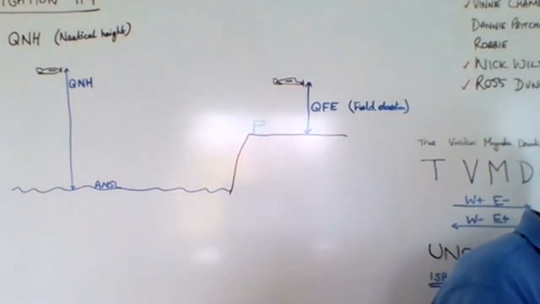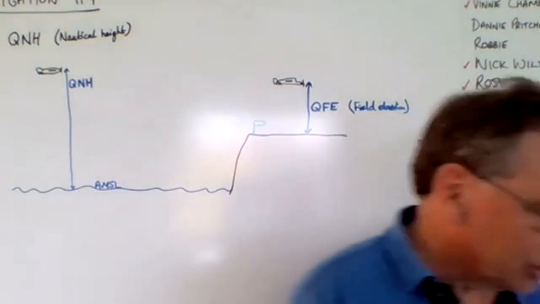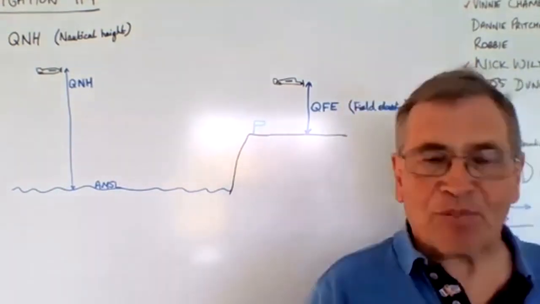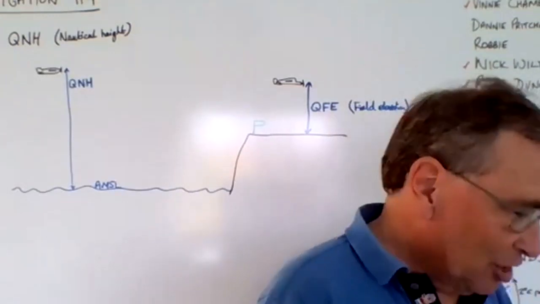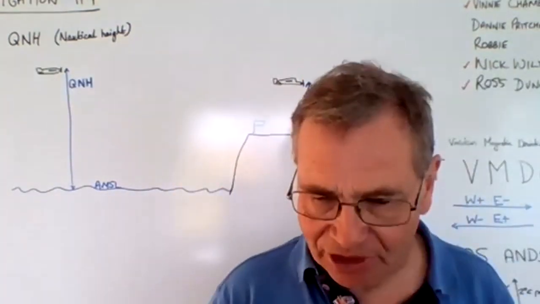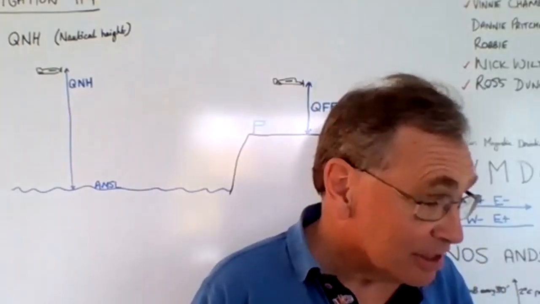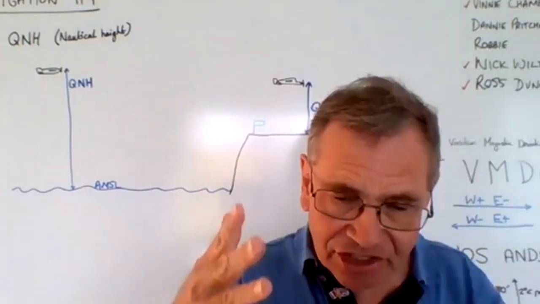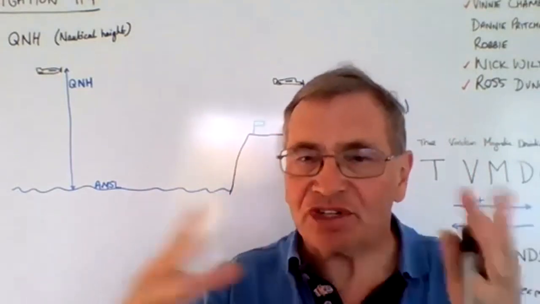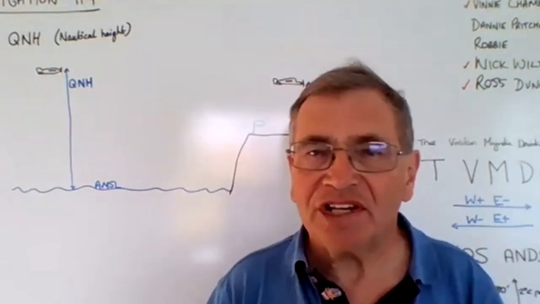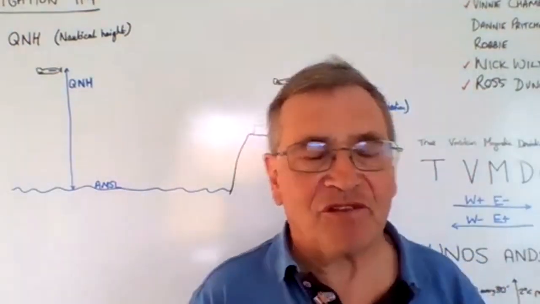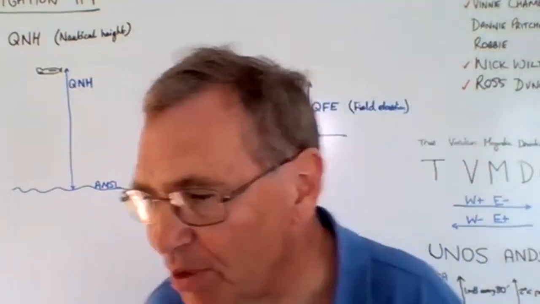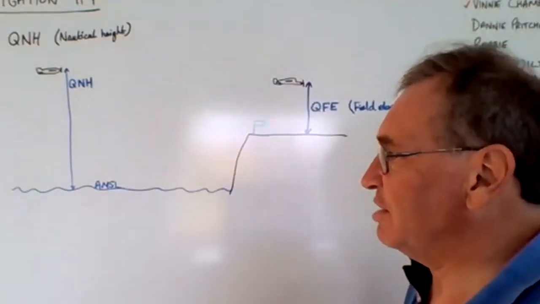Now, of course, as we all know, particularly those of you who've done MET, the air pressure not only changes every single day, but it changes throughout the day, and it changes all over the country. So the sea level pressure at Larnaca might well be different from Paphos and from Akrotiri.